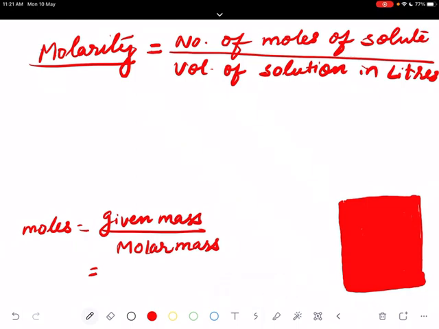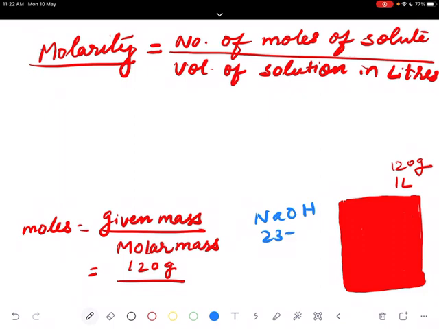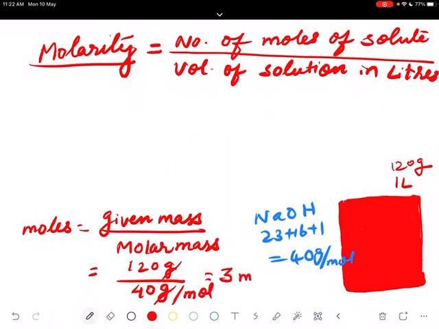So, what is the number of moles? Given mass, that is 120 gram, divided by the molar mass of NaOH. You can add all those things, that is 23 plus 16 plus 1, that is 40 grams per mole. So I am dividing it by the molar mass, 40 grams per mole. So here this is 3 moles.